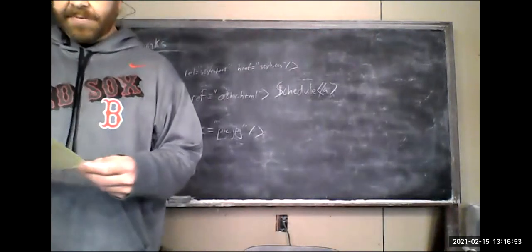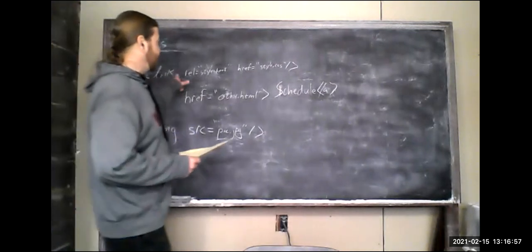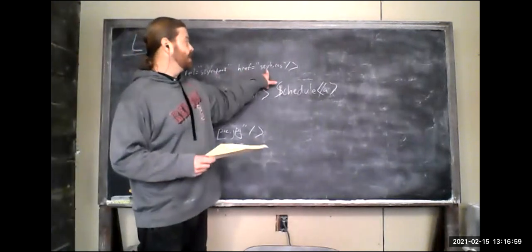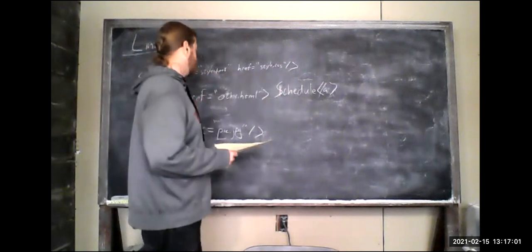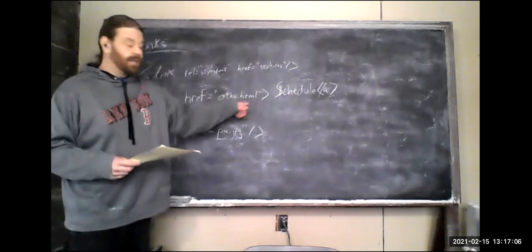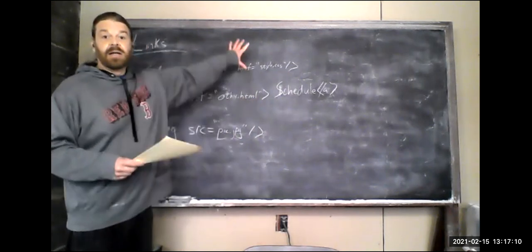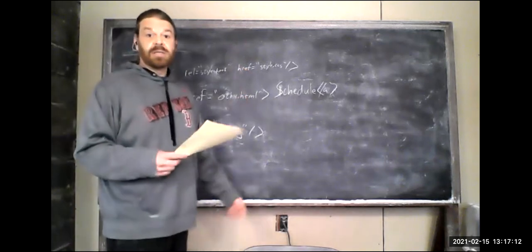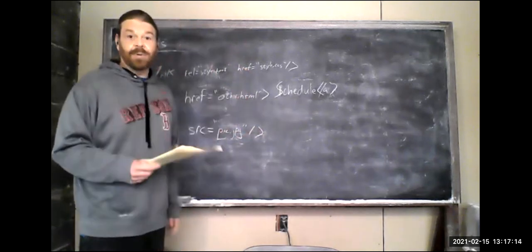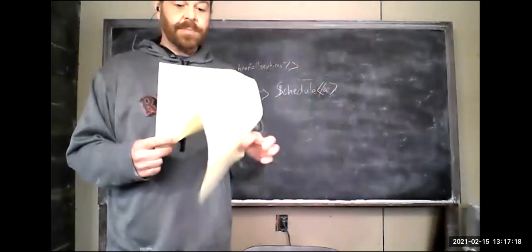But in all of these, the way I wrote this, like for the hyperlink reference, I just put style.css. Or for this link to the other page, I just put other.html. Or for the image, I just put the name of the file. There's no folders or anything going on. So in this example, I'm just assuming that everything is in the same folder.